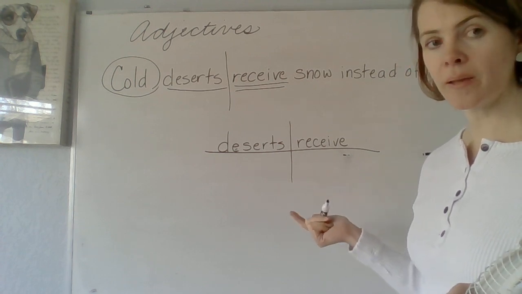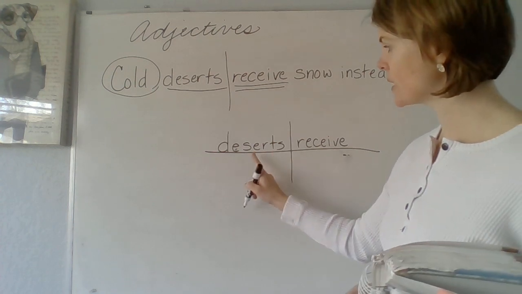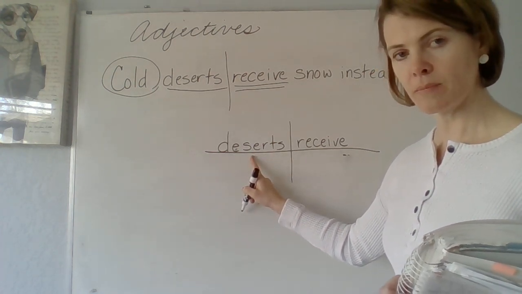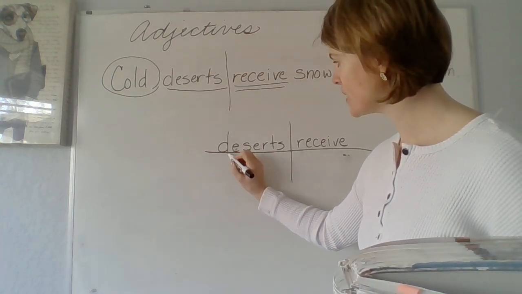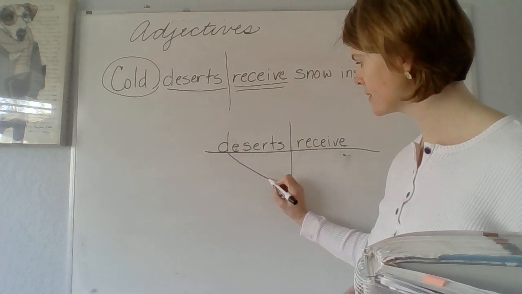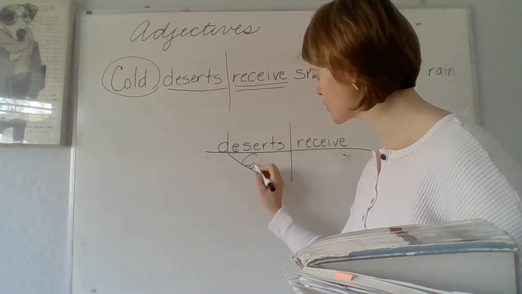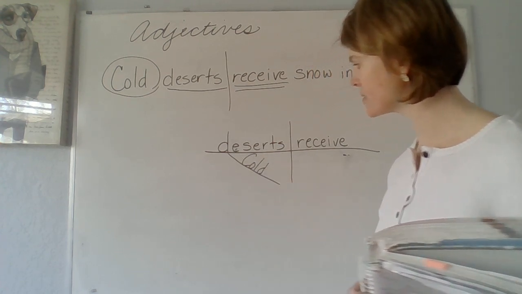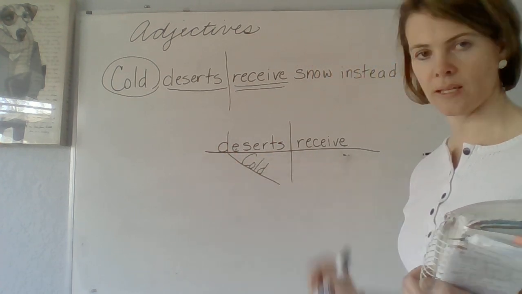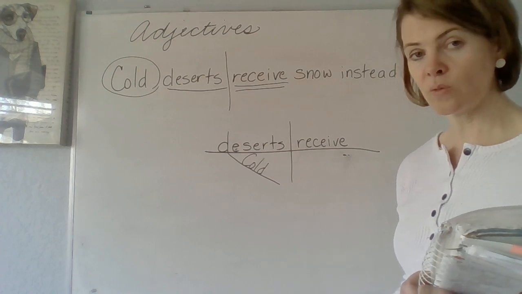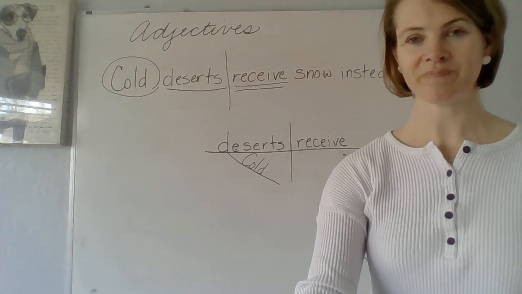Well, it's describing deserts. So here's my word deserts in my diagram. For adjectives, you just make a diagonal line underneath and write it there. And since it's the first word of the sentence, I'm going to keep it capitalized. Cold deserts receive. And that's how you do adjectives in diagramming.